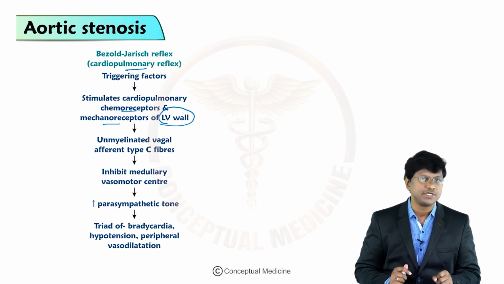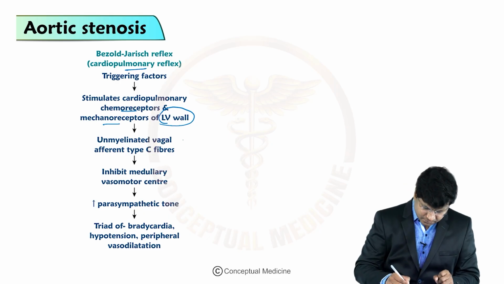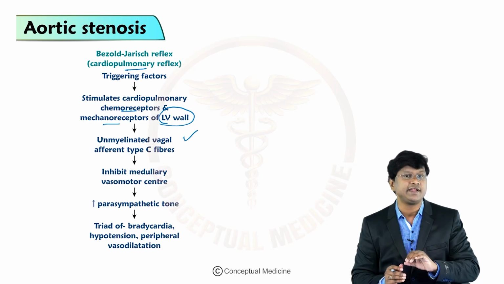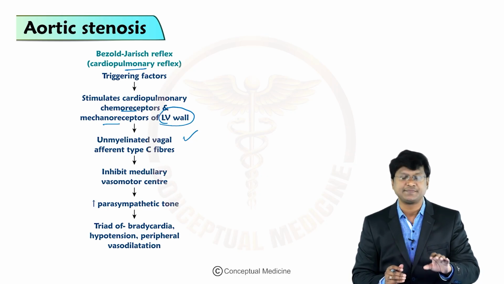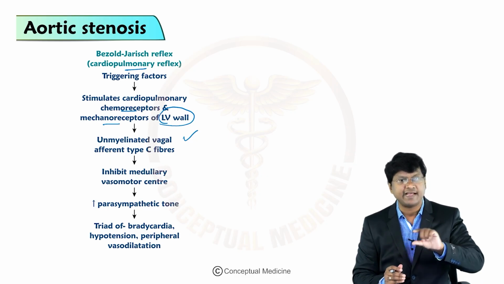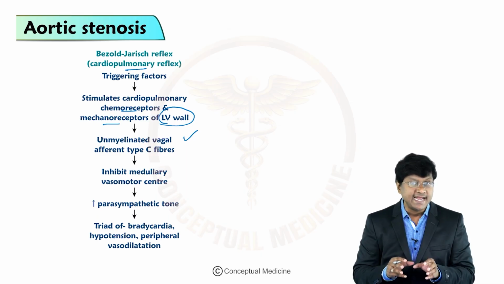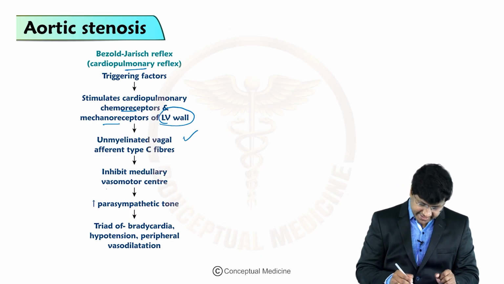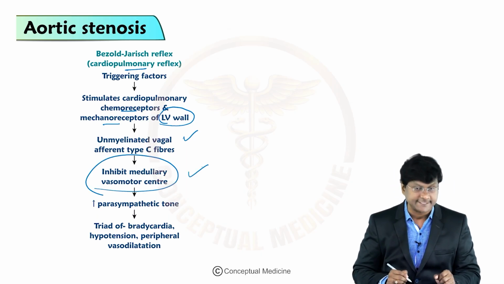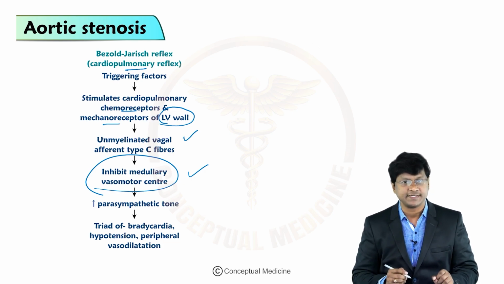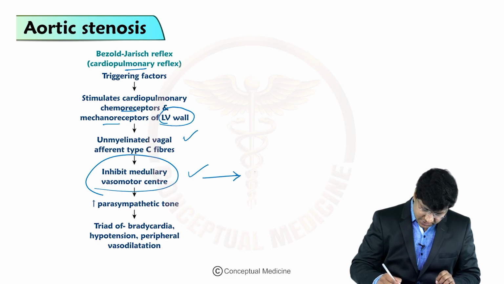Because of the stimulation of these receptors, there will be passage of the impulse through unmyelinated vagal afferent type C fibers. The vagal afferents take the impulse from the chemoreceptors and mechanoreceptors, and this vagus will inhibit the medullary vasomotor center. That means sympathetic outflow will be reduced.